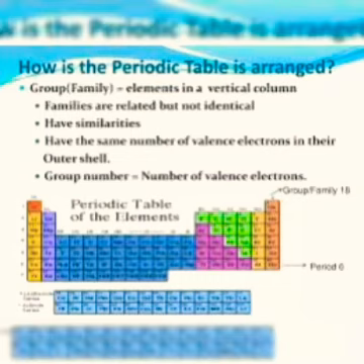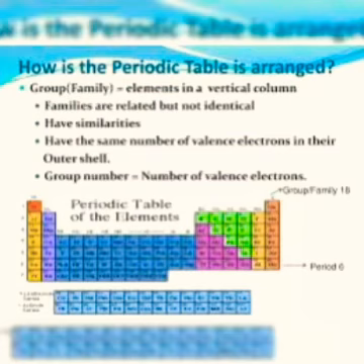In a group, elements are in a vertical column. The elements or family of elements are related but will not be identical in properties. They have the same number of valence electrons in their outer shell, but their shell number will increase as the atomic number increases as we go down a group.